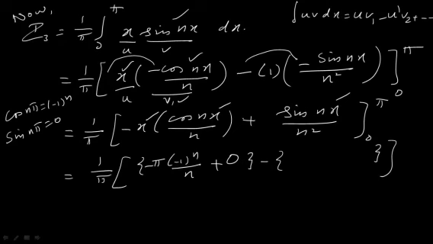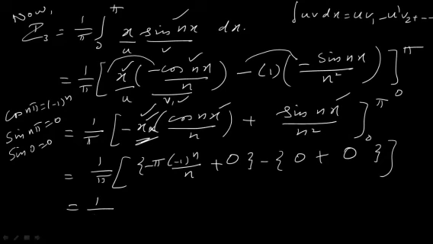Minus, coming to the lower limit, if you replace this x by 0, what happens? 0 into anything? 0, because x is in product. Okay, so this term becomes 0 plus, you know the value of sin n 0, that is sin 0. What is the value of sin 0? 0. So there is no lower limit.